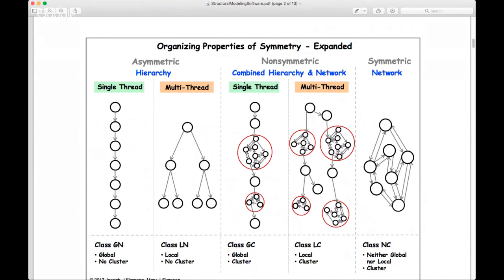Whereas on the multi-threaded one, if you do the mapping on this, then essentially there's going to be some of the lower triangular ones that are not reachable from other points.